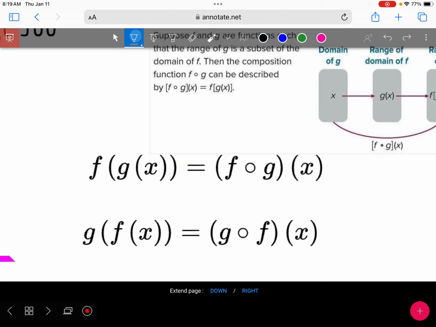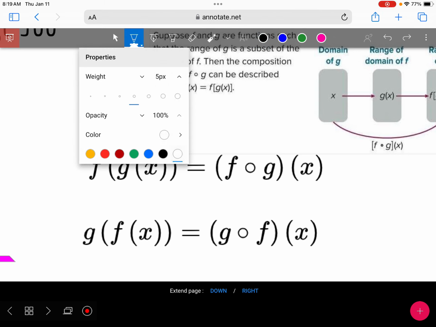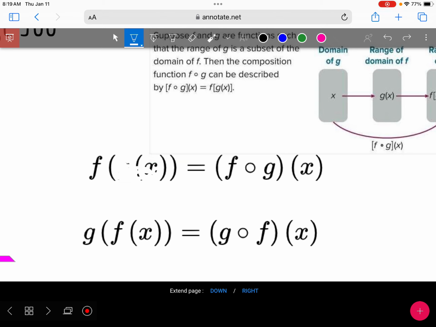These are different notations, and I'm actually going to change the size of this piece. It's not going to be different. I'm just changing how it's sized. There.